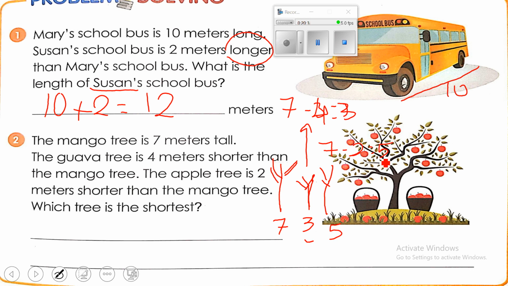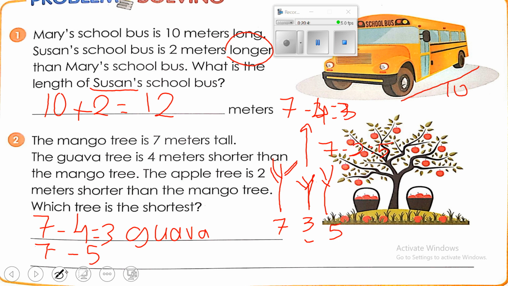So I will write the equations here. 7 minus 4, it will be 3. This is for the guava. And here is, yes, it's about 7 minus 5. No, minus 2, sorry.